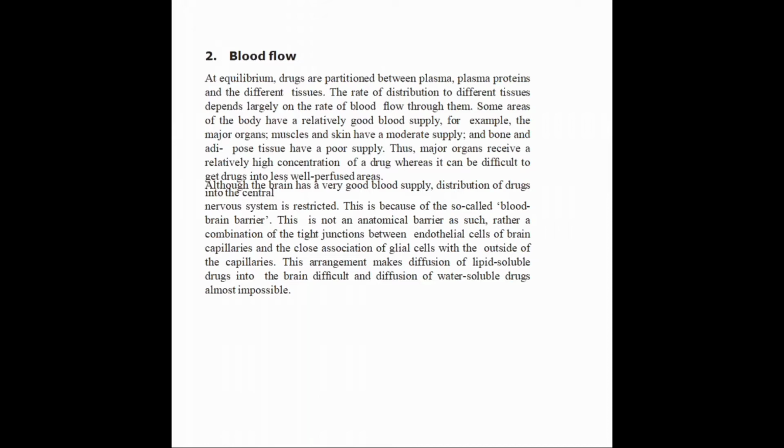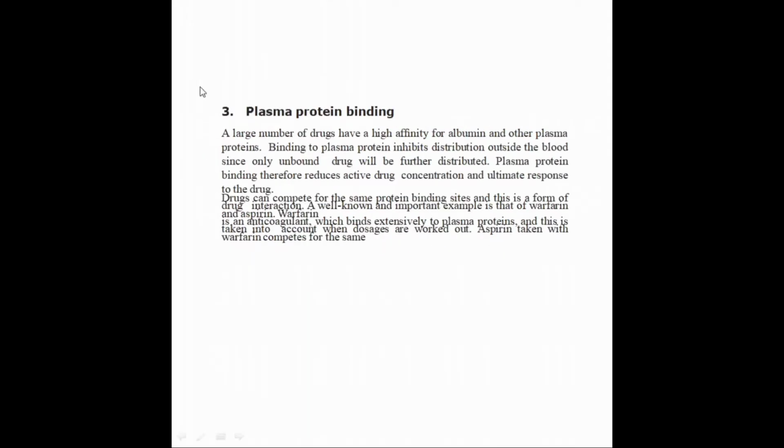So, it can be difficult to get drugs into poorly perfused areas. The flow of the blood impacts the drug distribution. In simple terms, areas that have lesser blood flow are likely to have less drug distributed to them, and vice versa.